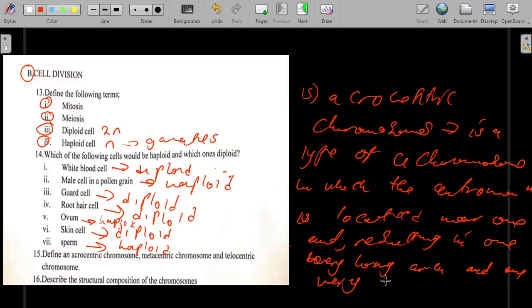So one very short arm. That's what acrocentric chromosomes are going to be.